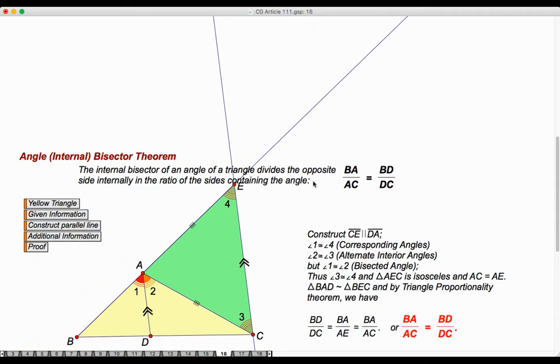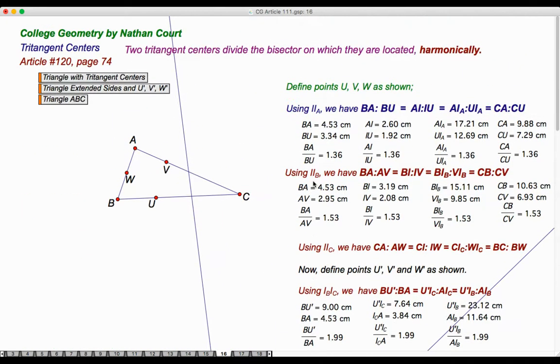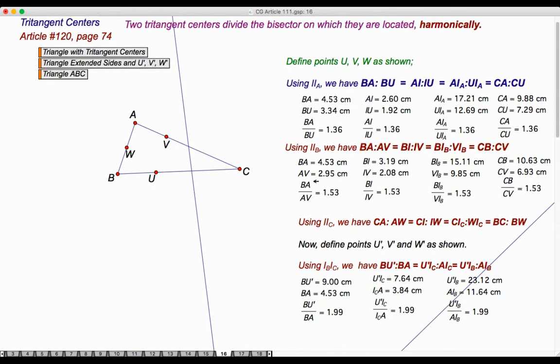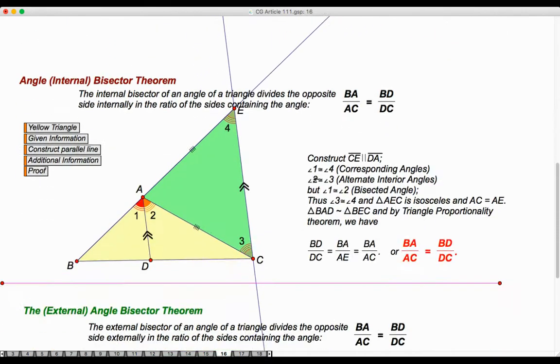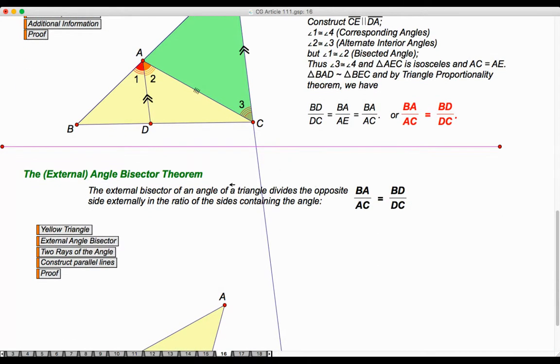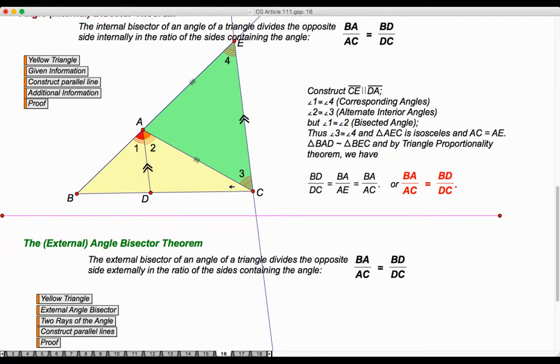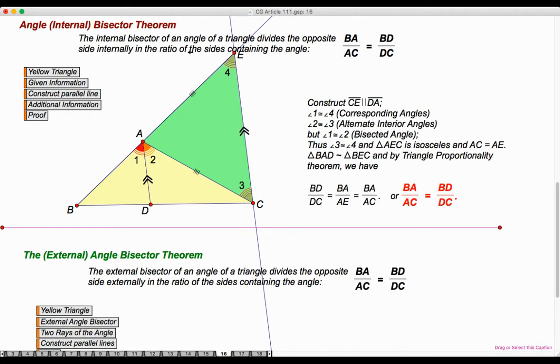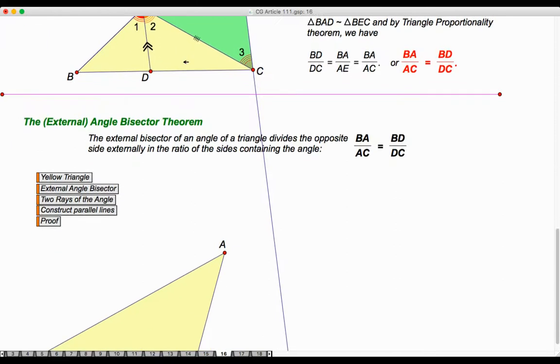Now, that's only one aspect of this theorem. We also need to consider the not so popular external angle bisector theorem, but this is nothing but a repeat of the angle bisector theorem, except this time we extend it to external bisectors.